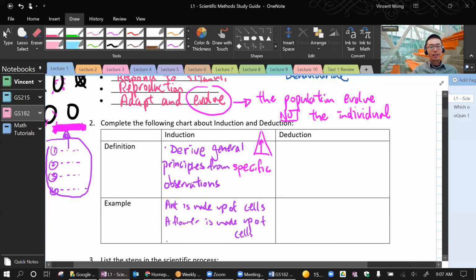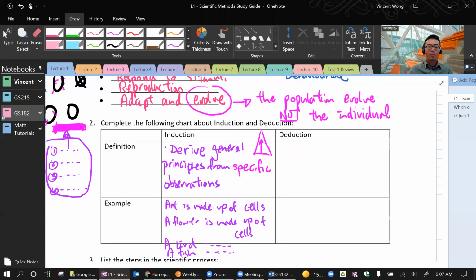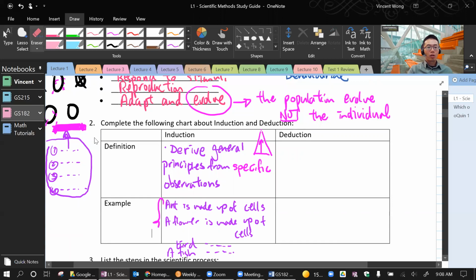And then I can say a bird is made up of cells. A fish is made up of cells. So we make so many observations. A mushroom is made up of cells, an amoeba is made up of cells, a bacteria is made up of cells.